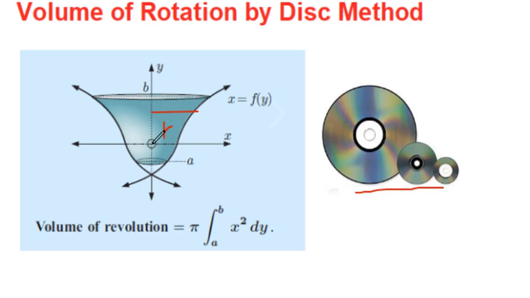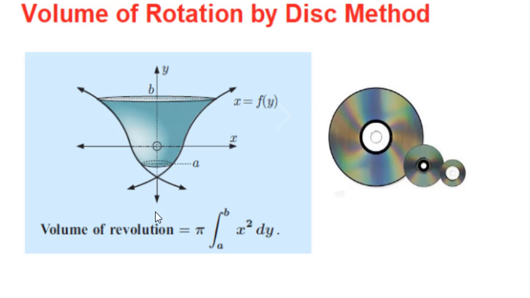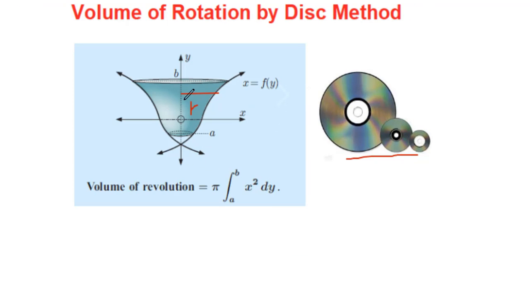How to figure out the volume? First of all, you need to figure out the volume of one disk. Suppose there's a disk like this. The radius will be the x. So r equals x.